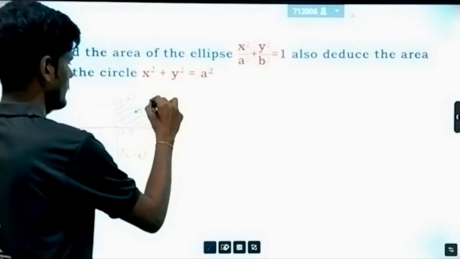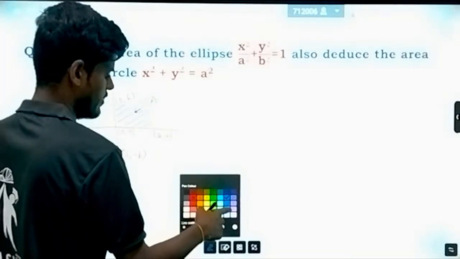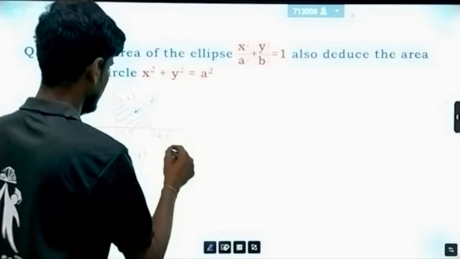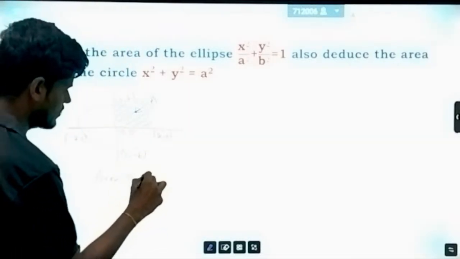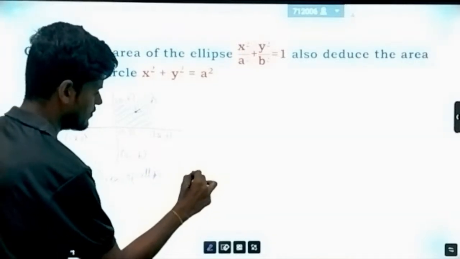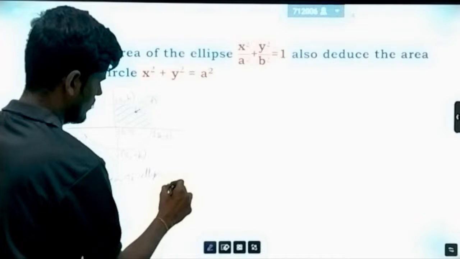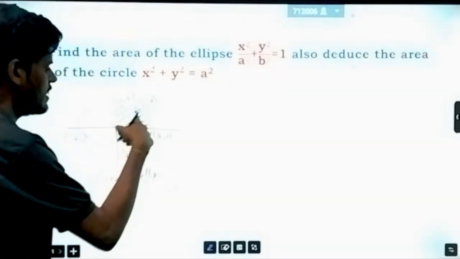So let this be A. Then area of ellipse is equal to 4 times A. Now that is equal to 4 times, what is the area?